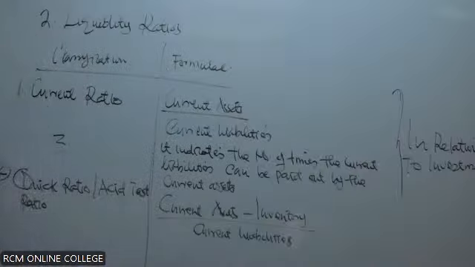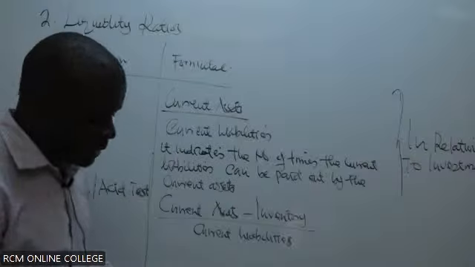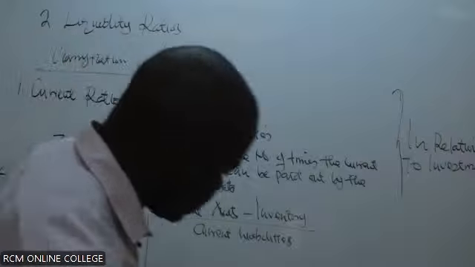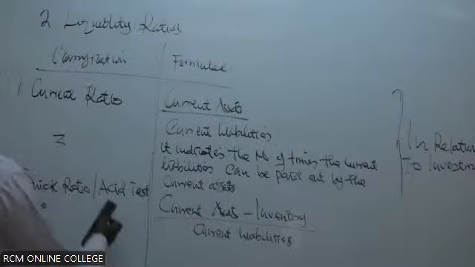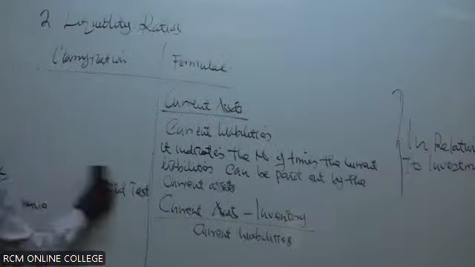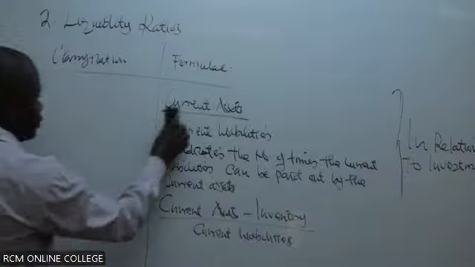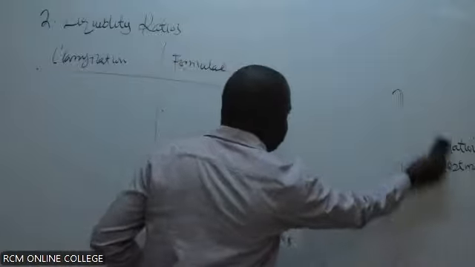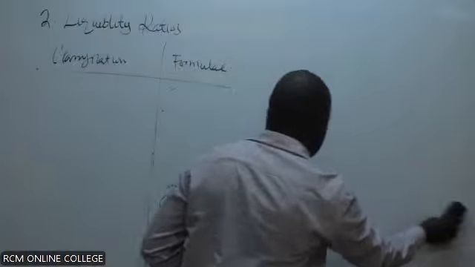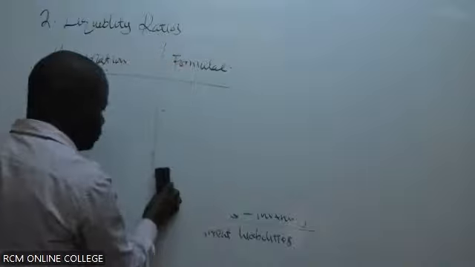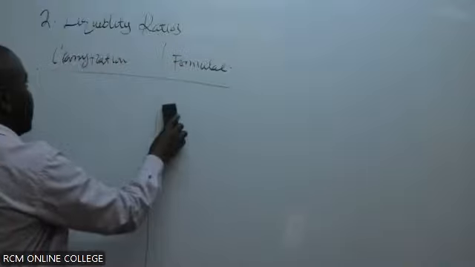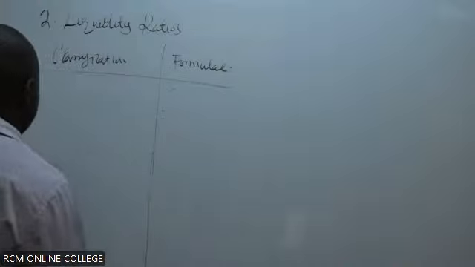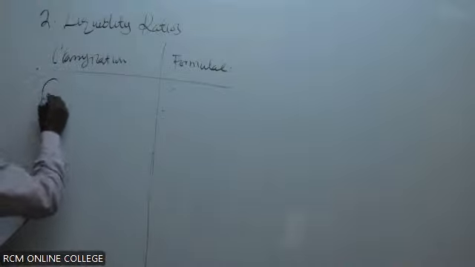Then the last one under this category is what we refer to as the cash ratio. So that is number 3 under liquidity ratios.